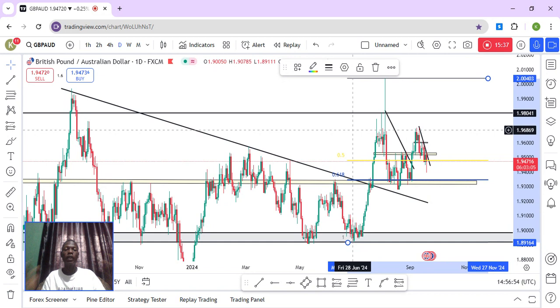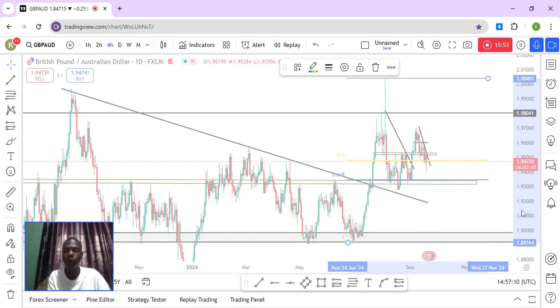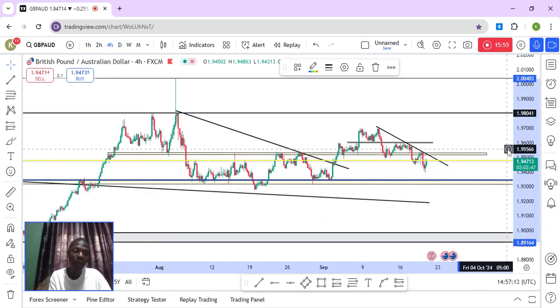I'm giving you guys all the clues that made my bias, for me to be confident that GBPAUD is on its way to the upside. So that's it on the daily time frame. We did our analysis from the monthly time frame to the weekly time frame to the daily time frame.